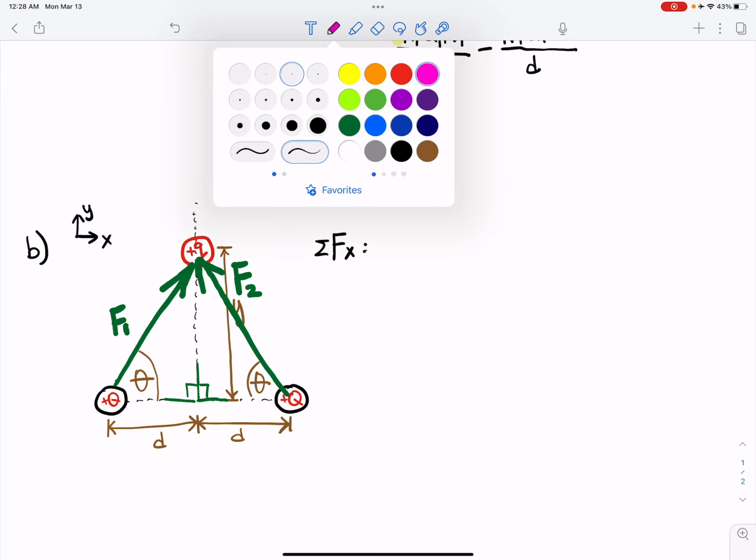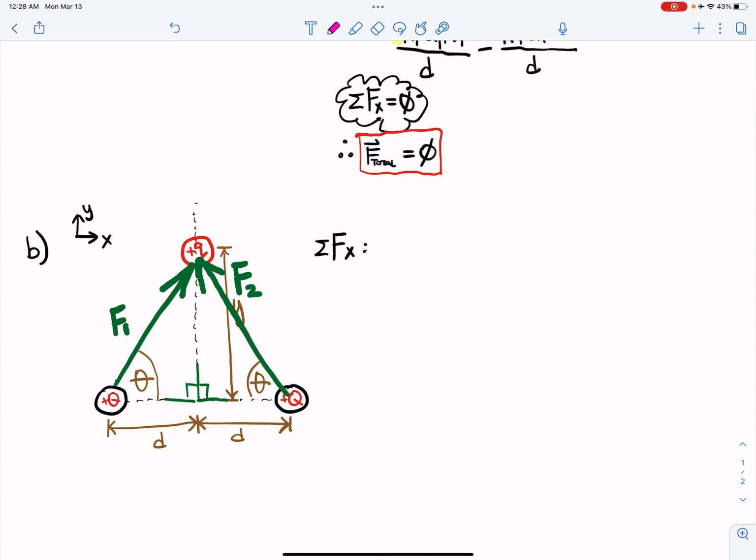I'm going to have some F1x component here. I'm going to have an F1y going up there.